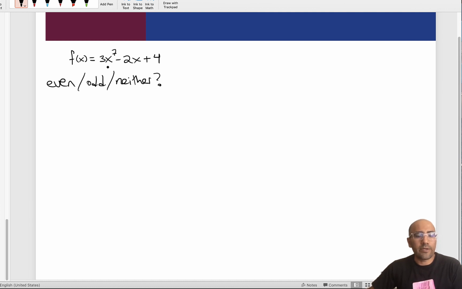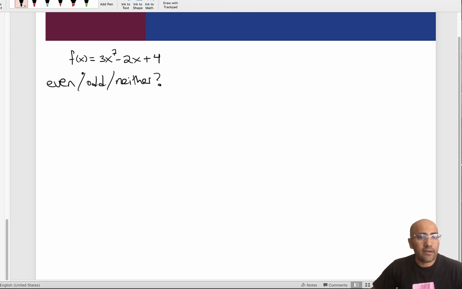How do we do it? From the equation. What we have to do is input a negative x, evaluate the whole thing, and see if we can simplify the new equation to be exactly equal to the original one, or factor out a negative 1 and make it equal to negative 1 times the original function. If you can do that, then you've established whether it's even or odd, and if it doesn't equal either one of them, then it's neither.